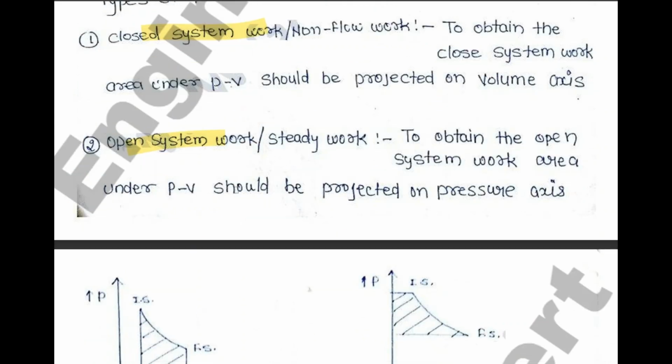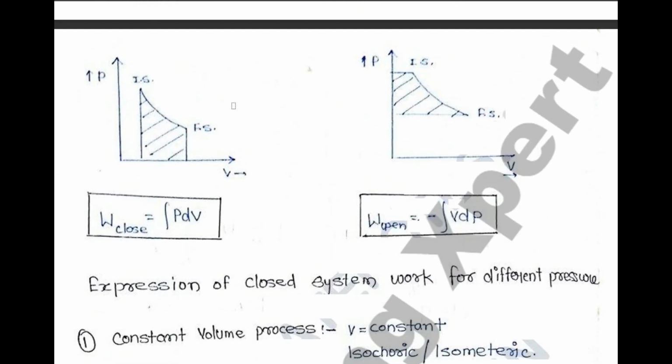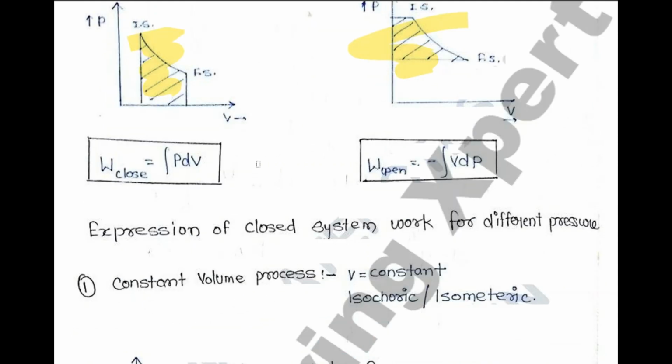In the open system, the area under the PV curve is also the work done, but here it is projected on the pressure axis, while here it is on the volume axis. So this is for closed system, and this is for open system on the pressure axis.